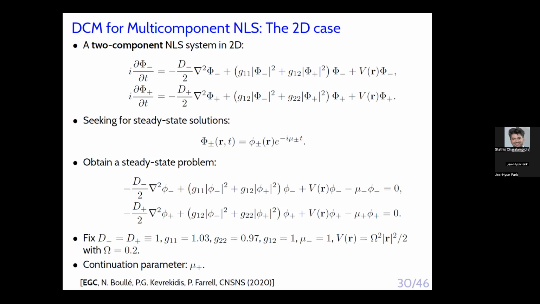We use experimental values of those interaction coefficients, which, by the way, the g_ij tells you how species i interacts with species j. It is like an attractive interaction or repulsive interaction, so we consider repulsive interaction here. So by fixing the mu minus, which sets the potential in the second component, the only continuation parameter or bifurcation parameter was the mu plus.